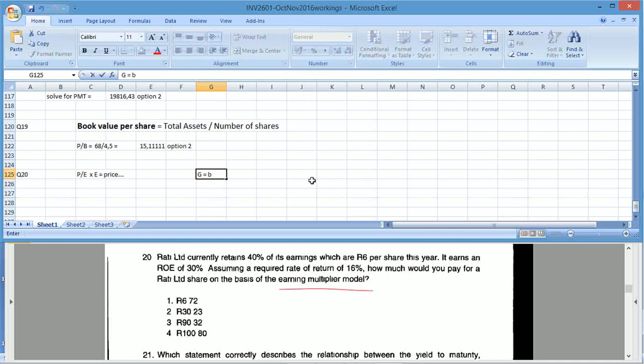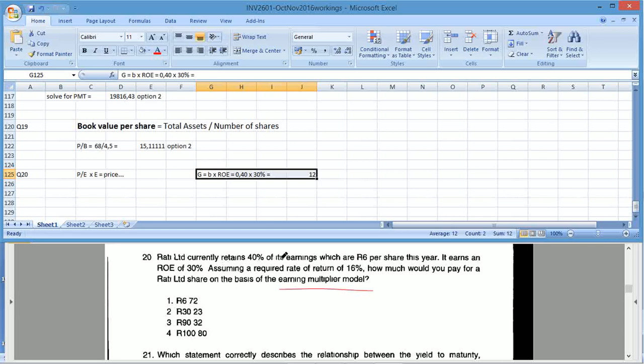G equals retention times ROE. Okay, so R currently retains 40%, so 40% is your retention, times ROE is 30%. So 40 times 30 is 12%. So 12% is your growth.